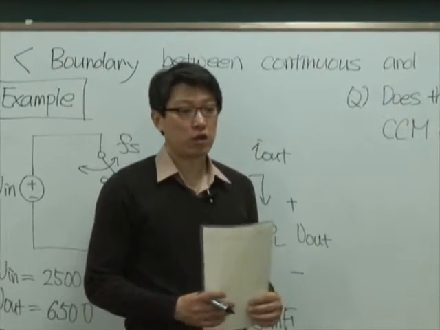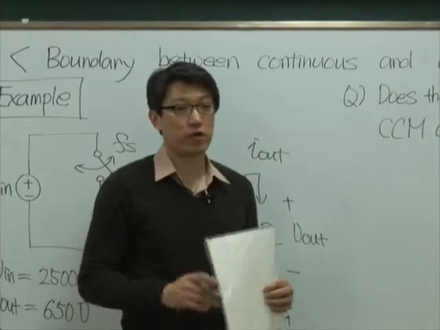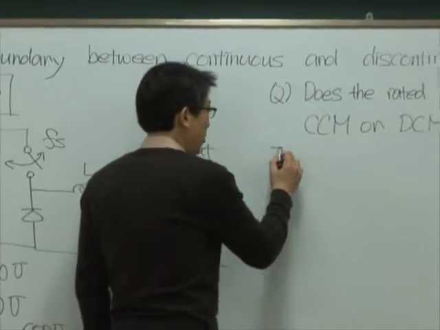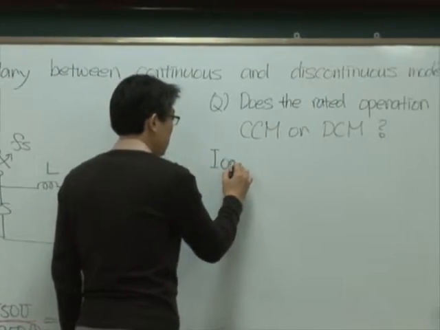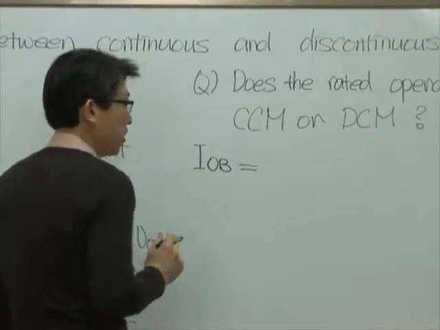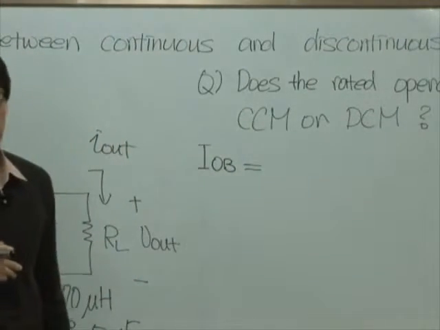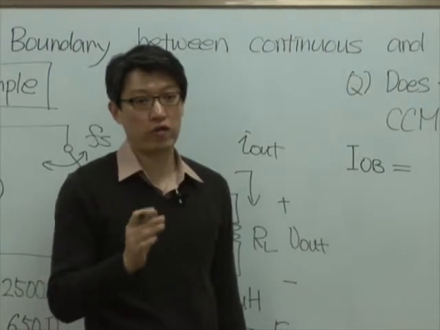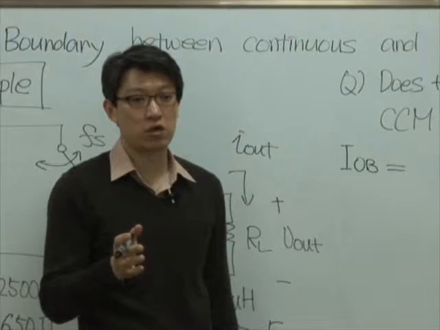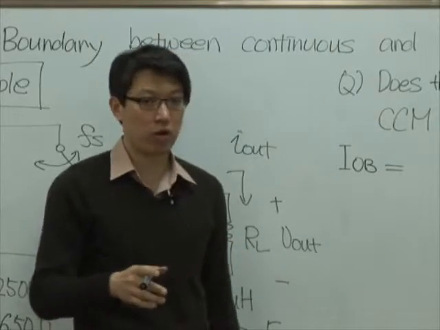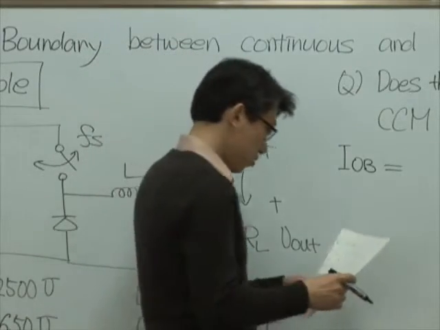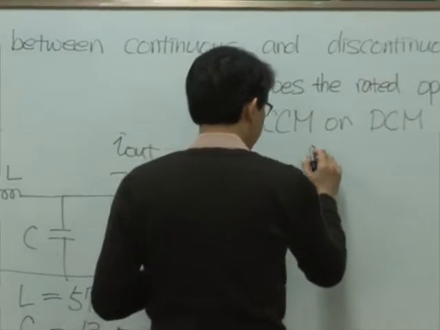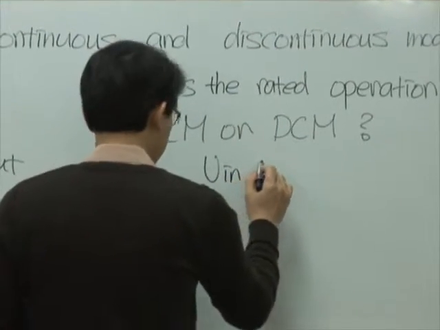In order to calculate this, what's the first step? We have to know about IOB. Okay. We have to know about IOB so that we can tell whether the rated current is above IOB or below IOB.